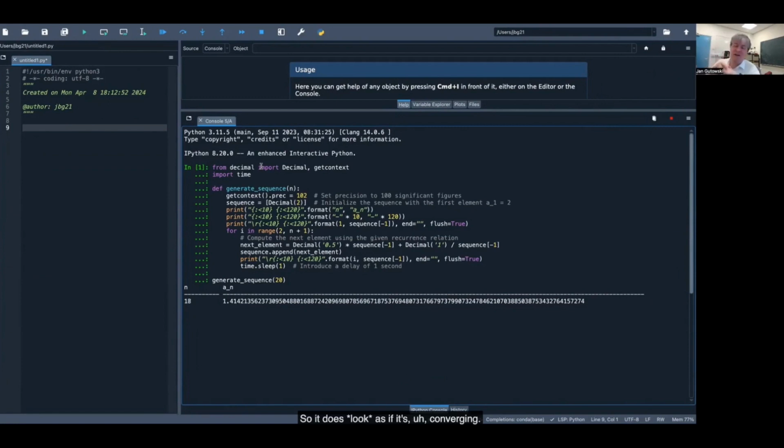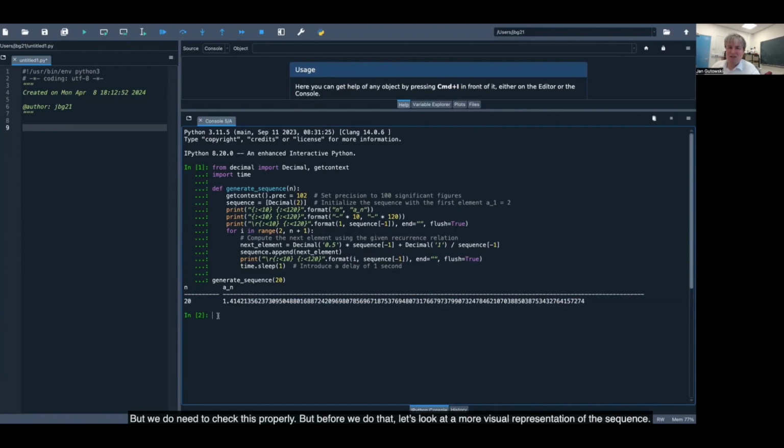So it does look as if it's converging, but again, that's just an impression from the first couple of elements in the sequence. We can't deduce mathematically it converges just by looking at this. However, if you take your calculator and work out the square root of 2, you'll get this number. So it's suggestive that it's converging to the square root of 2, but we do need to check this properly.